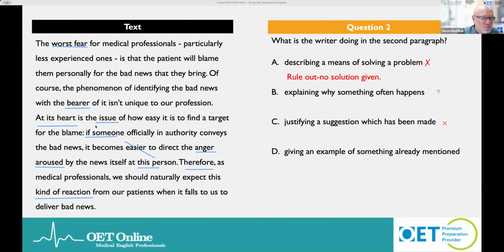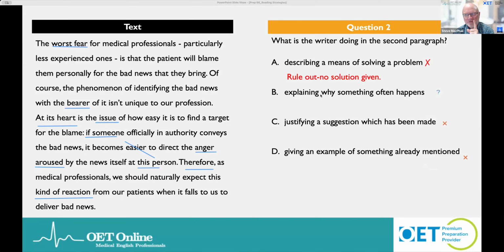D, giving an example of something already mentioned. But this is hypothetical. If someone, it's not saying someone did something. So it's not already mentioned. Doesn't sound right. I think it's wrong. So it must be B.